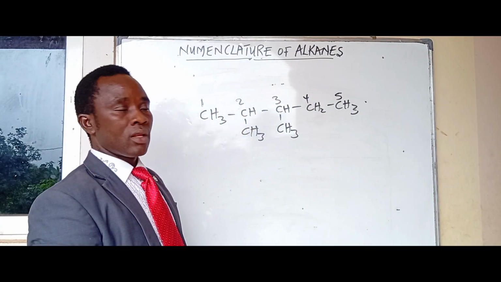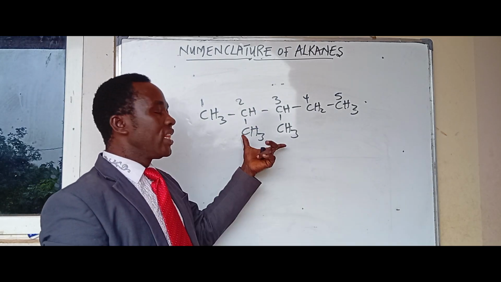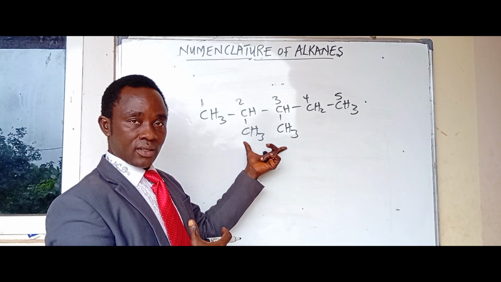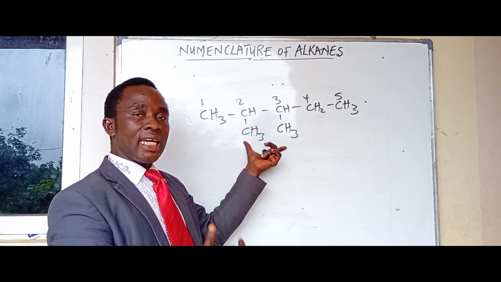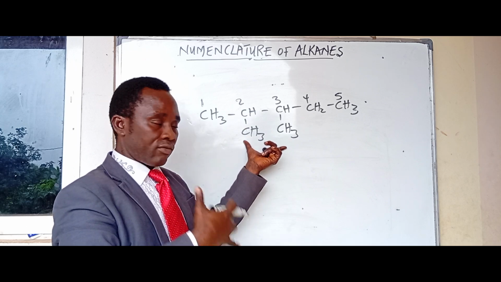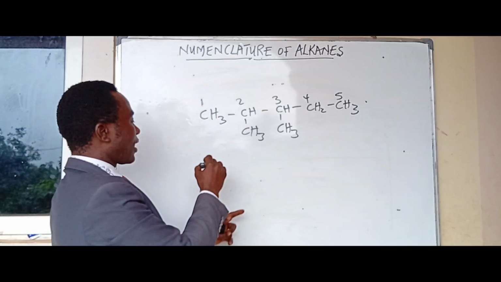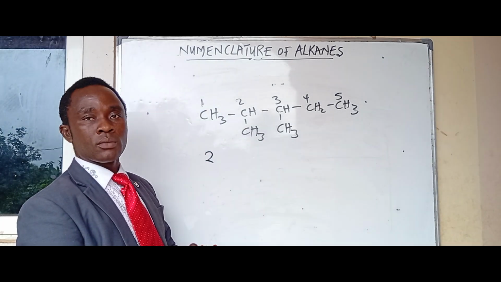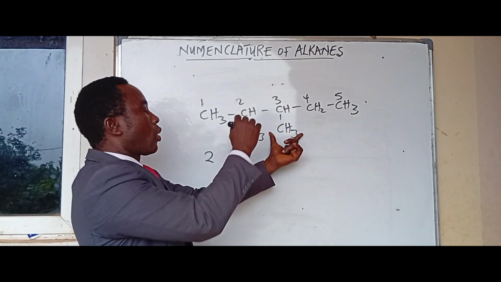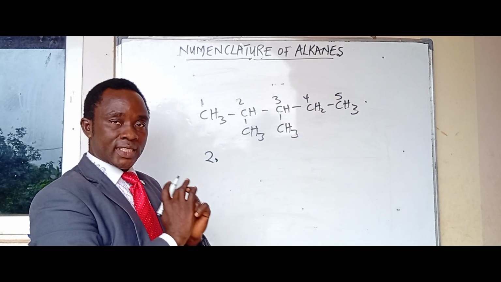Now, if we want to name, we name substituents first. But we must indicate the position of the substituent. So the first methyl is at carbon number 2. The second methyl is at carbon number 3. Put a comma to separate numbers.